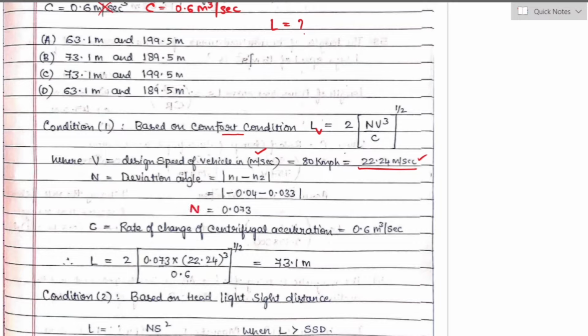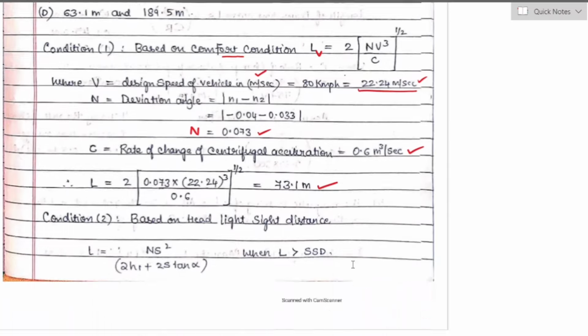Deviation angle is the rate of change of gradient, that is, from ascending to descending gradient. So the deviation angle will be 0.073. Rate of change of centrifugal acceleration is given as 0.6 meter cube per second. Substituting these values, the length of valley curve will be 73.1 meter.